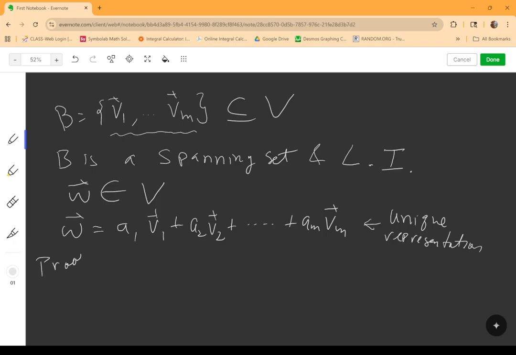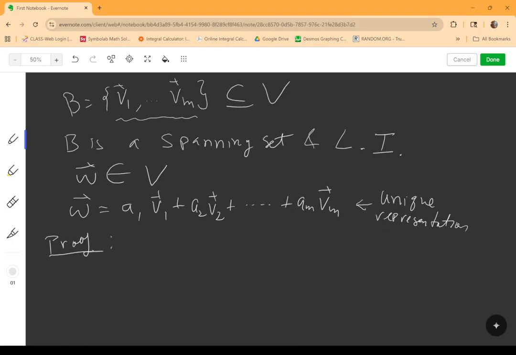Let's have a proof. So let's start off again: when given this uniqueness theorem, we start off by making the assumption.